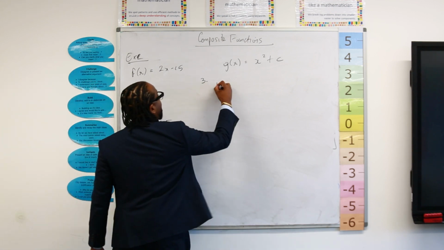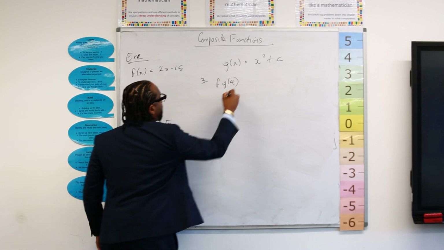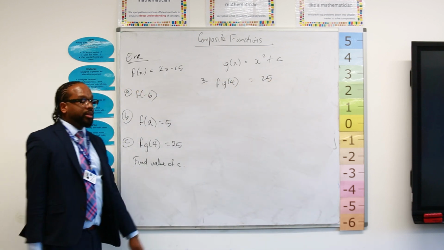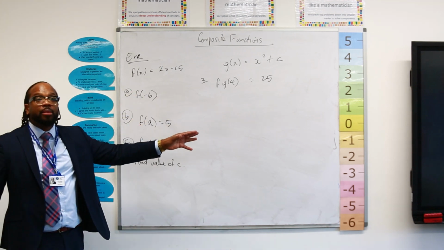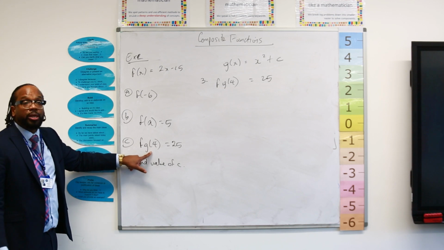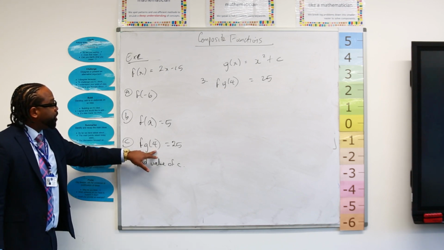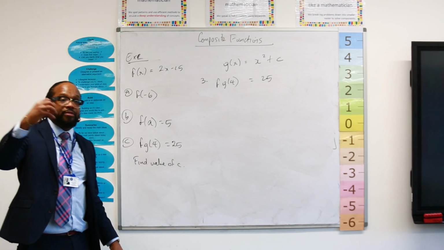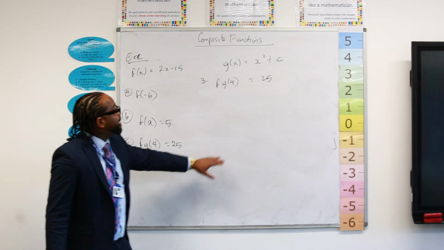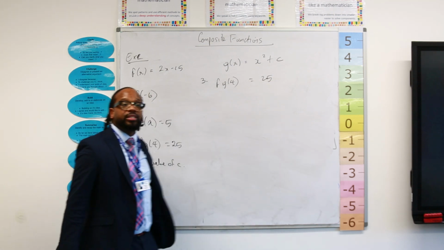Now, it is f of g of 4, and that is equivalent to 25. So based on my previous demonstration, my first step is to find g of 4. I am going to substitute that value into the f function, and then I'm going to equate that to 25. That will then tell us what the value of c is.